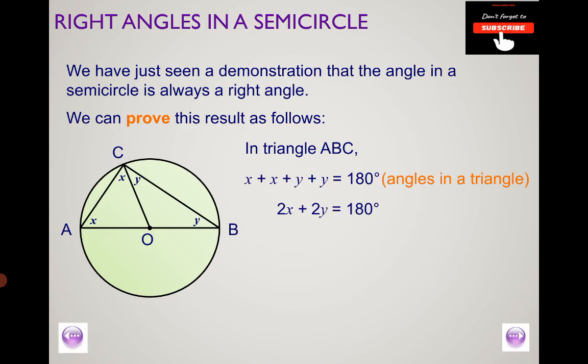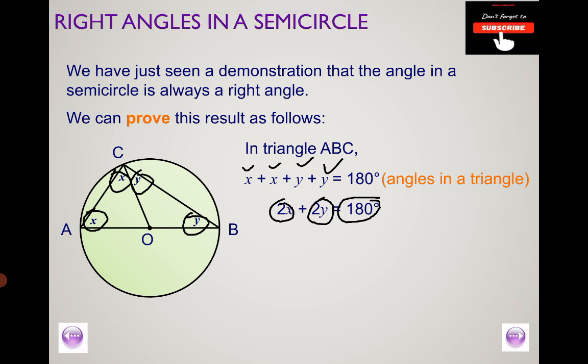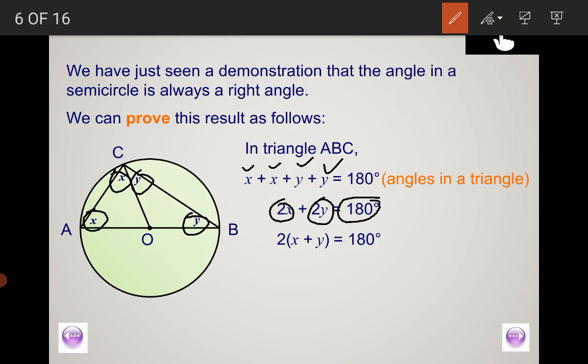Upon adding, x plus x is 2x, and y plus y is 2y. So we equate this to 180 degrees. Now what do you know about these additions? If you look here, you see that we can push out the two, we can factorize.